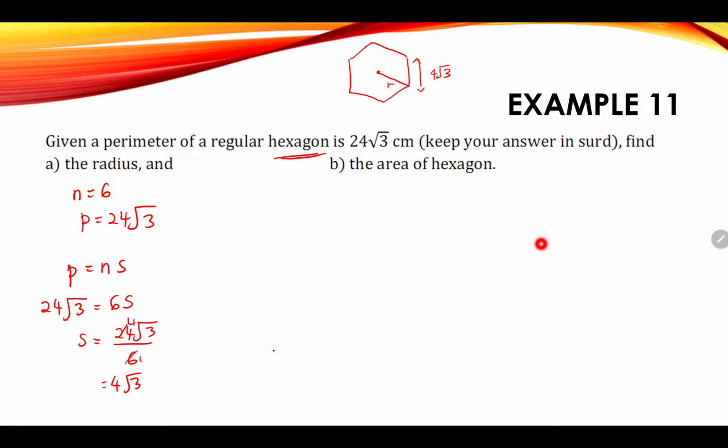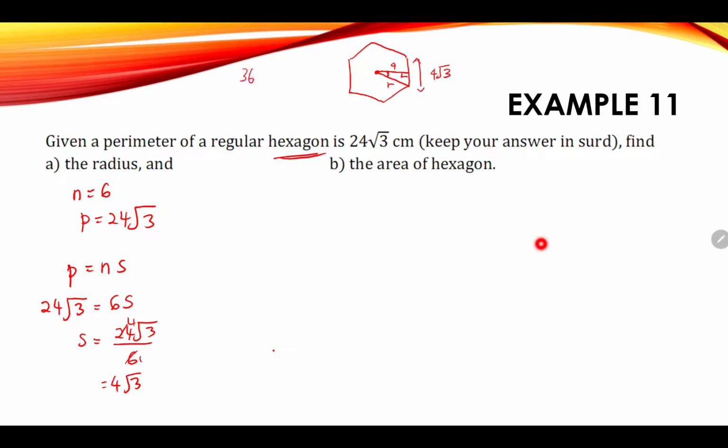So kita boleh gunakan konsep teorem Pythagoras. Kita lukis satu apotem dekat sini. Ni 60 degrees. Okay. So nak cari R, kena cari sudut dekat sini dululah. Okay. So ini adalah hexagon N equals 6.